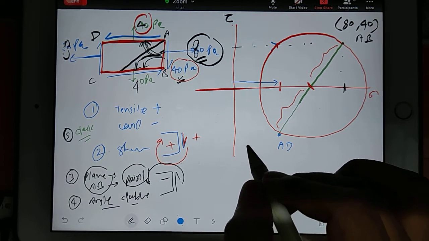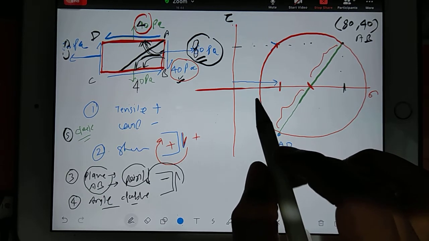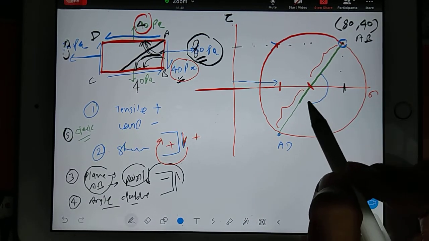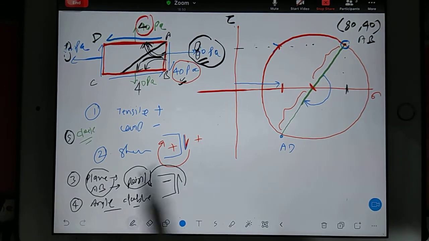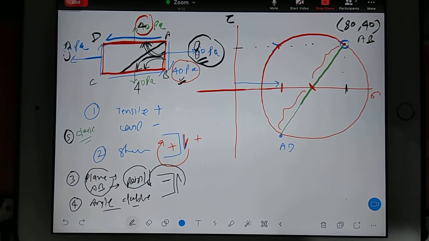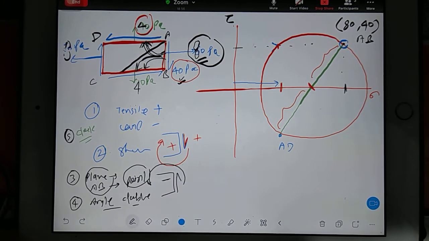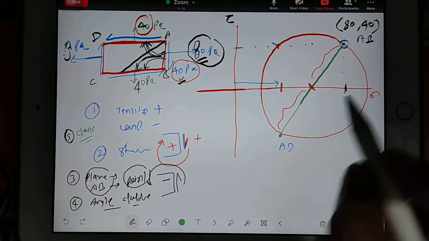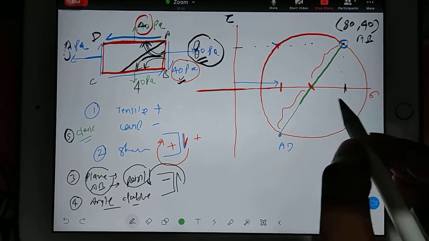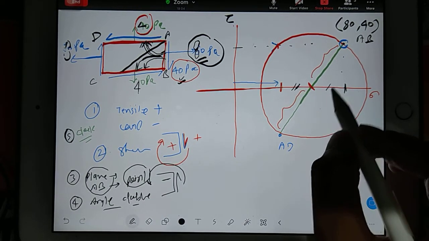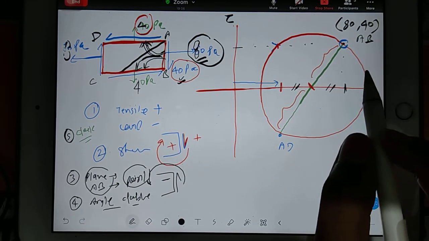Okay, now question is, plane AD how you have considered? Plane AB has been clockwise. So from here you have come 180 degree. That is also correct. Okay, now we have to find out the location of the center and radius. How to find out location of the center? So for that calculation is, you see, always remember this length and this length is going to be same, no doubt.